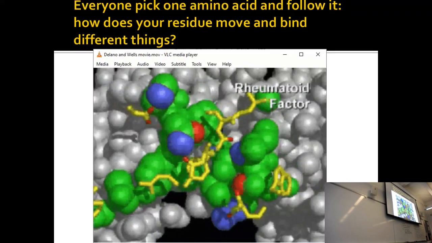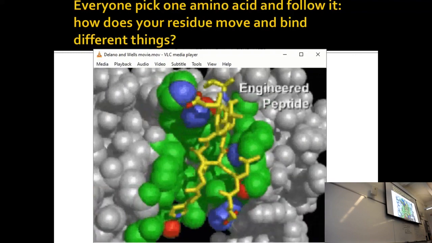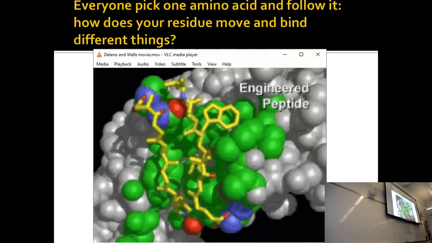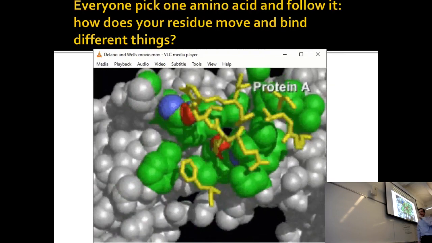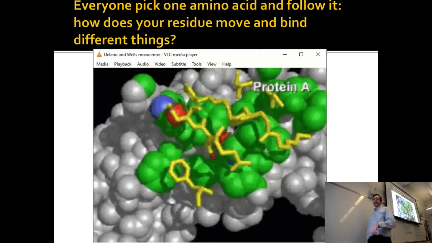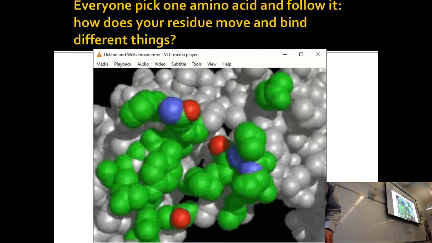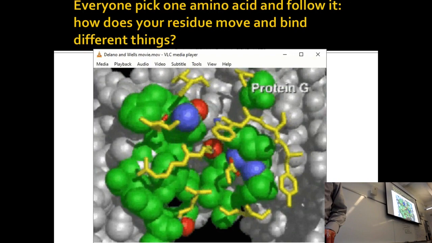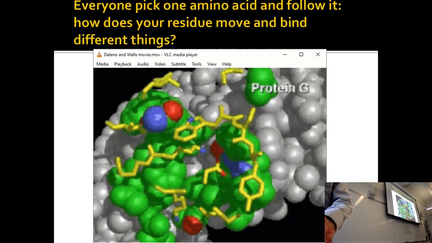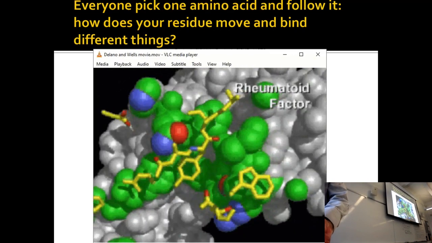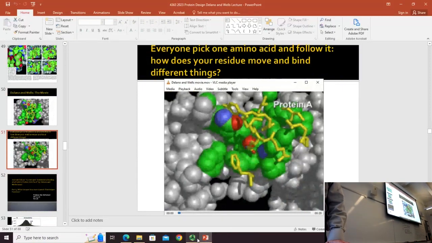And I want you to watch, as the yellow things change, how your residues are rotating. And then I'll turn off the recording and we will discuss, and I will show it again.